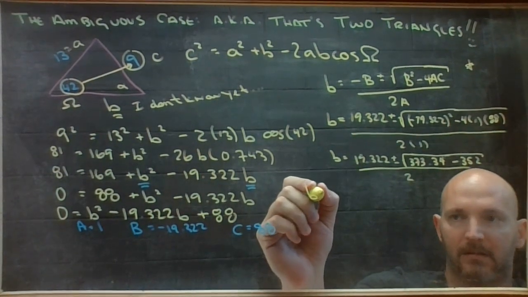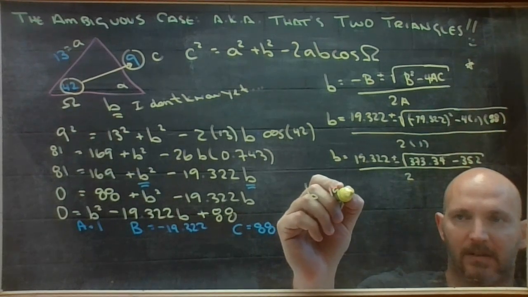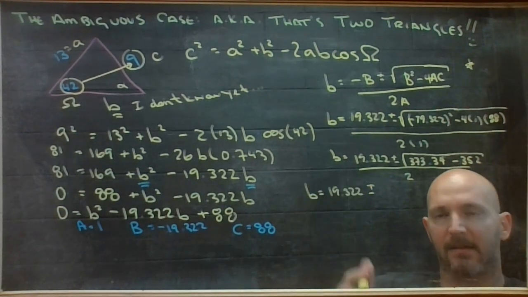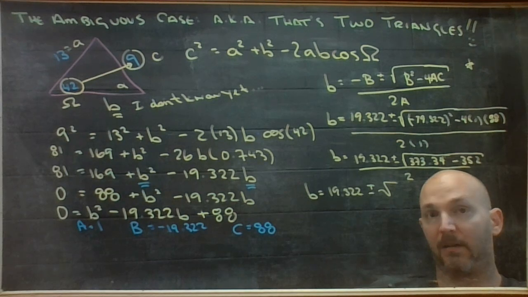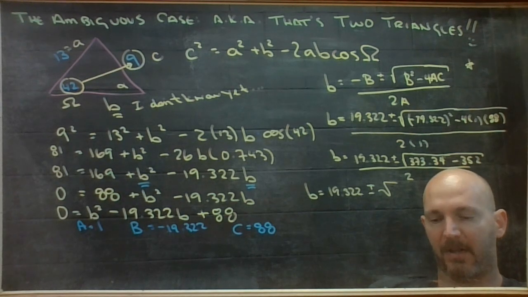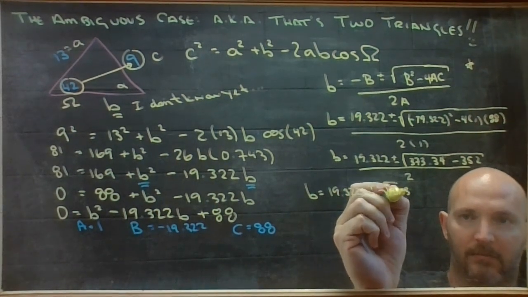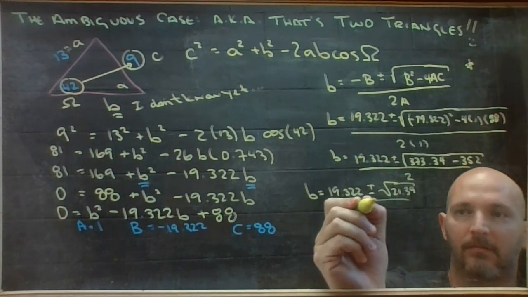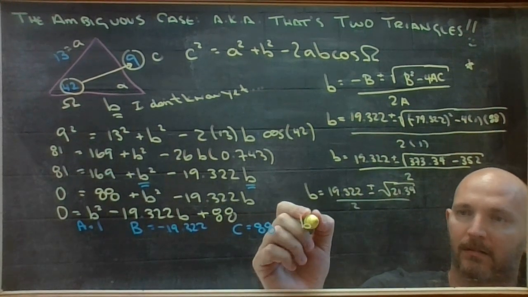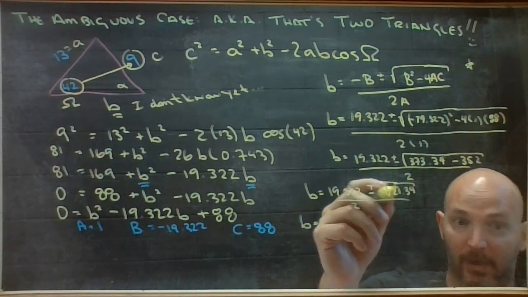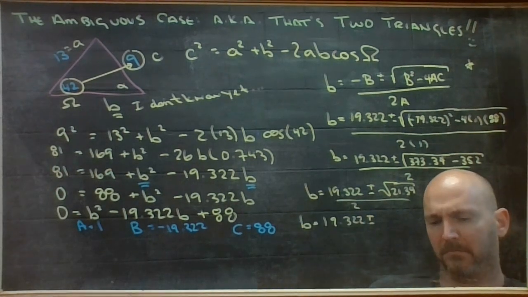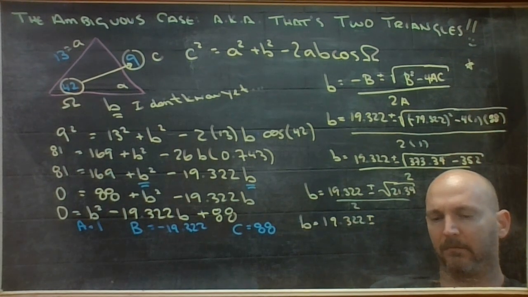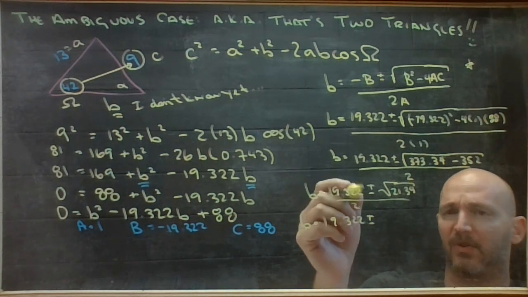So b is 19.322 plus or minus the square root of 373.34 subtract 352, which gives me 21.34. I'm going to have to square root this now. 4.620 if I round.